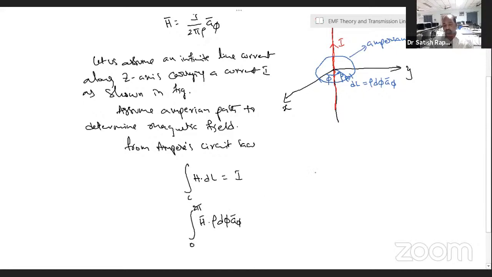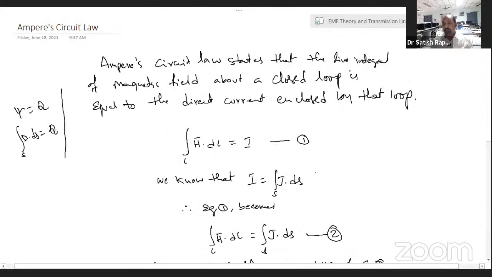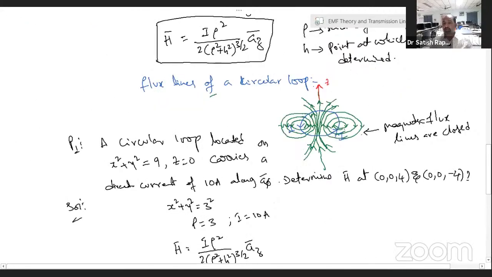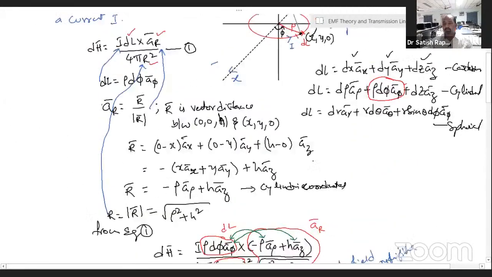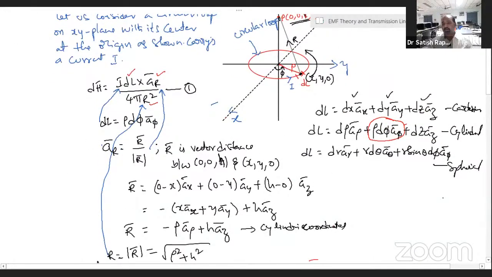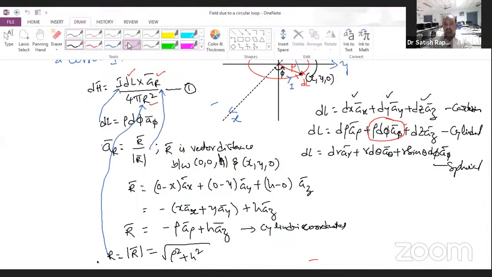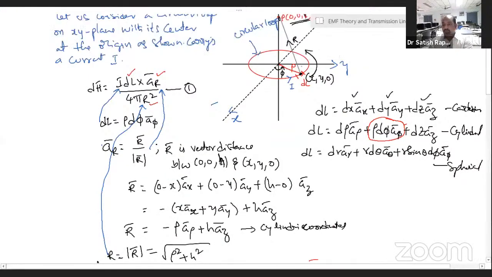Earlier I have explained this to you, so let me take you there. Here is dl in the Cartesian coordinate system and dl in the cylindrical coordinate system.